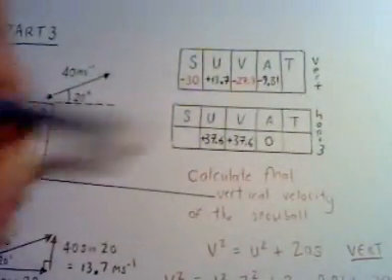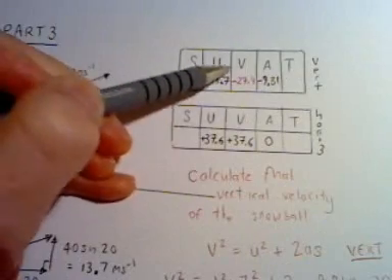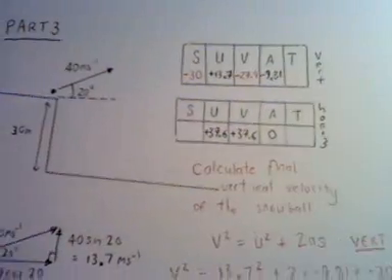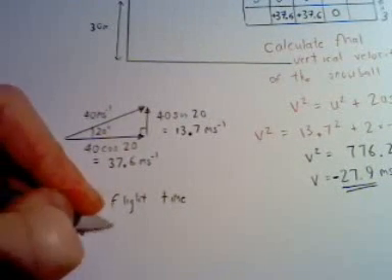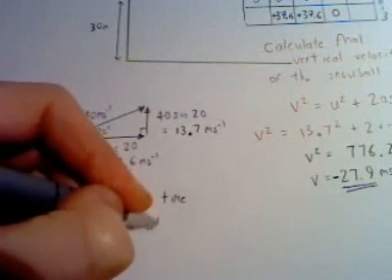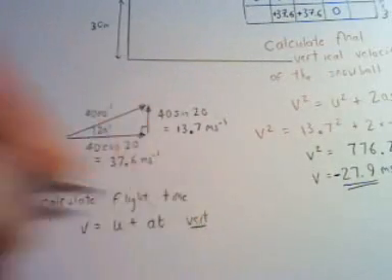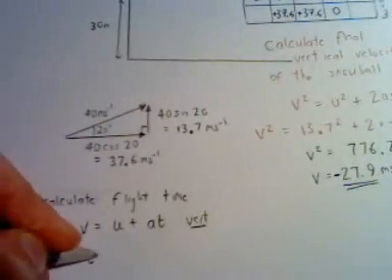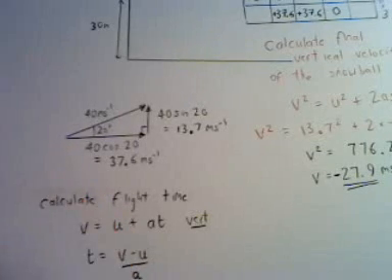and remember, trying to calculate t, and we have s, u, a and v, so we have our choice of equations. If we use v equals u plus at, this is being applied vertically, and if we rearrange that algebraically, t is v minus u over a.